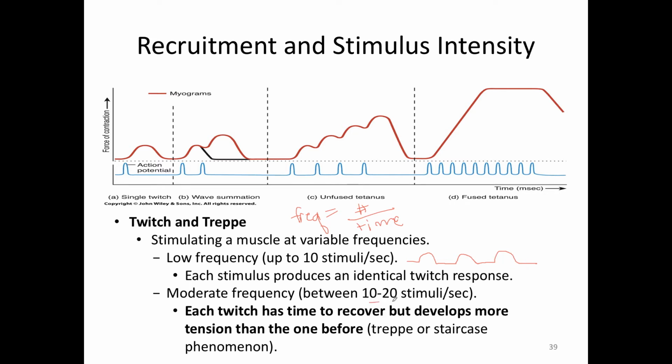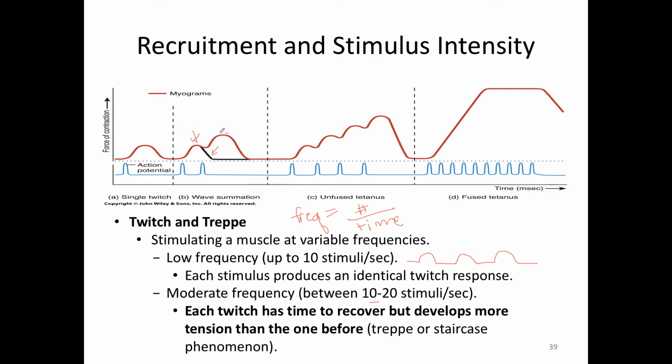At moderate frequencies, between 10 and 20 stimuli per second, each twitch has time to recover, but not all the way back down. This black line represents the recovery that this particular twitch was unable to do, because the next stimulus from the neuron arrived before it completely relaxed.